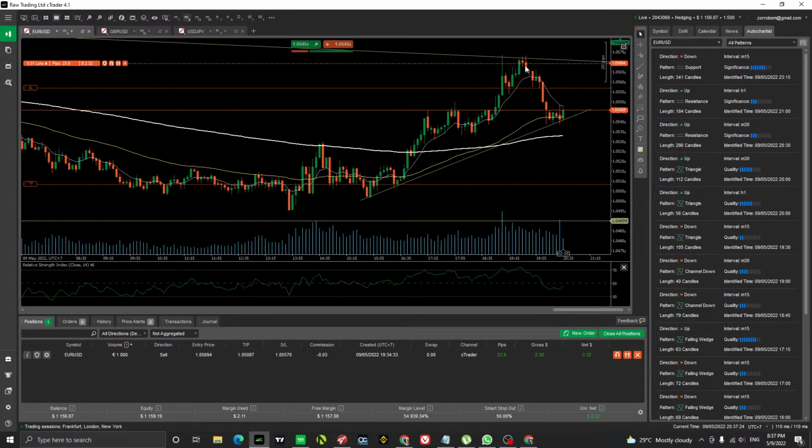So yes, as traders, you have to look at probabilities. There's a probability that it will go back. If it breaks this high, this high of this candle, it might move up some more.